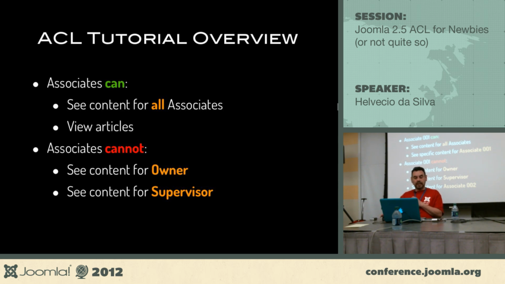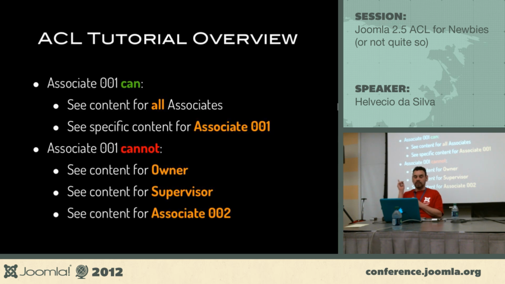They cannot see content for the owner, the supervisor, and other associates. Associate number 2, like associate number 1, can see content for all associates and specific content for himself or herself, and cannot see content for the owner, the supervisor, or associate number one.